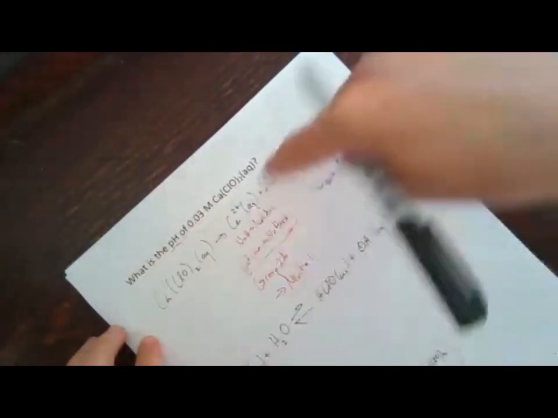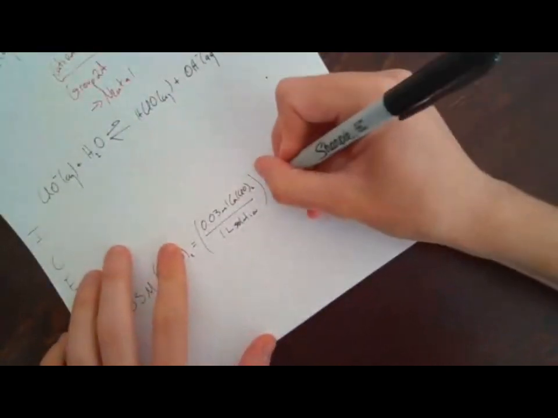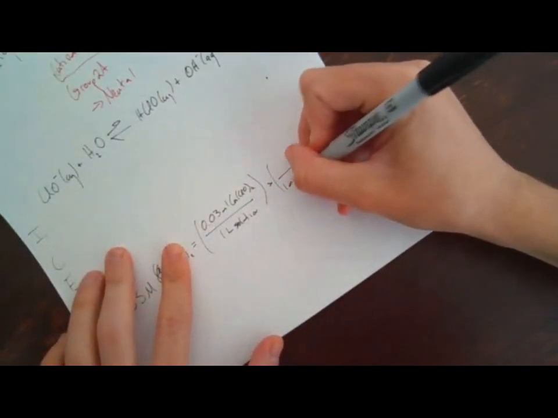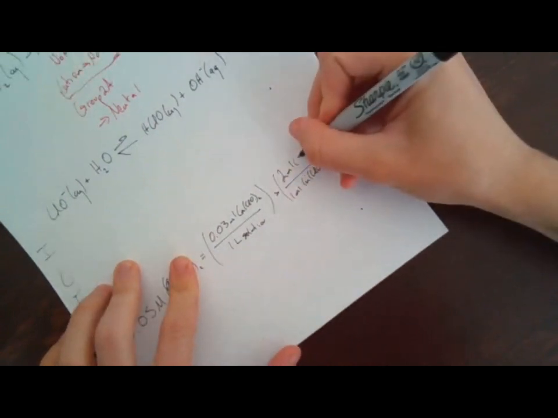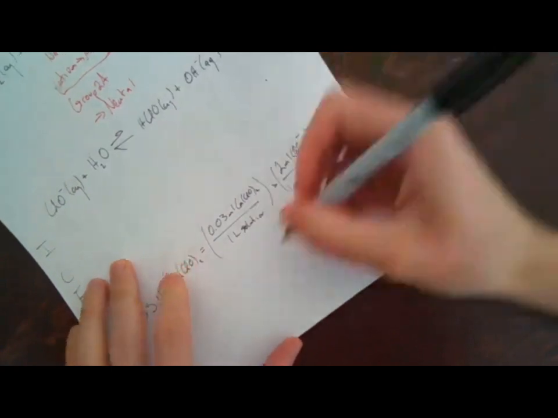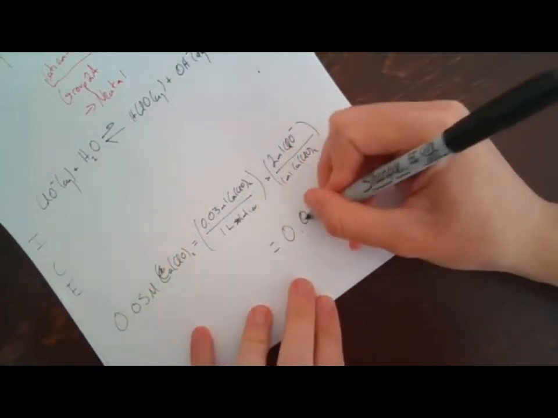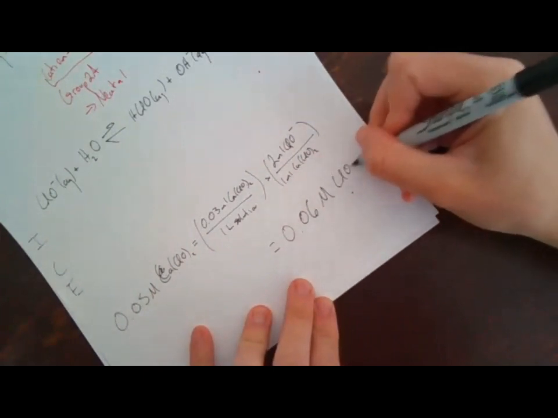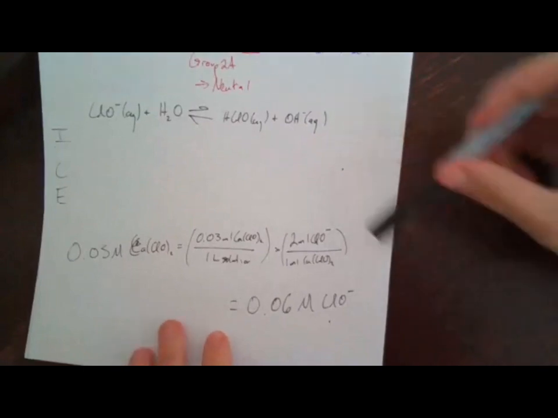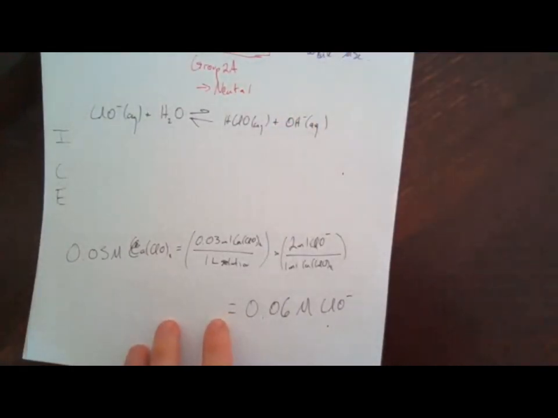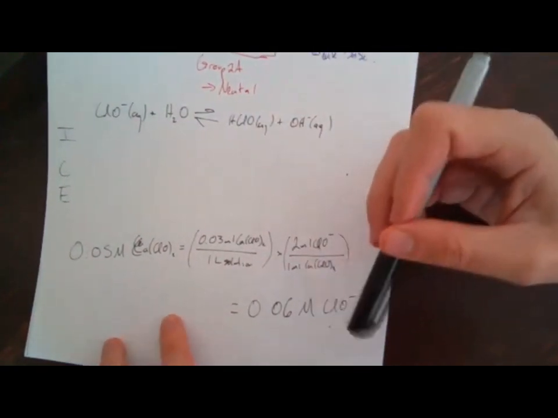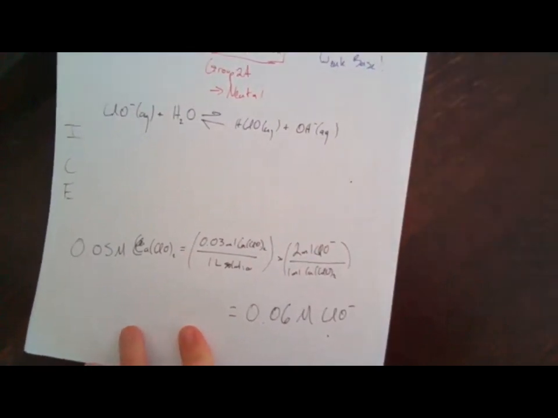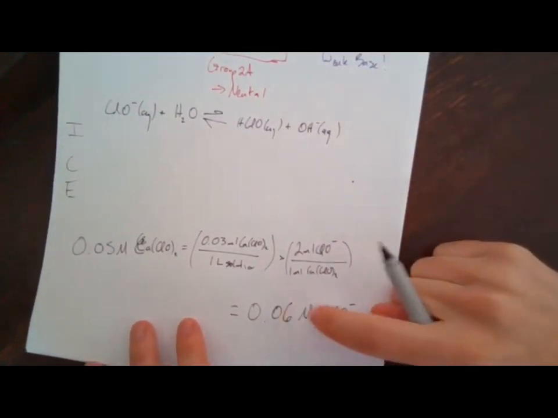Then I can do stoichiometry based off the reaction: for every 1 mole of Ca(ClO)2, I get 2 moles of the ClO minus. That tells me overall I'm going to have 0.06 molar of the actual ion, because I need to account for the stoichiometry. Because it's ionic, they fully dissolve and all of the ions separate out, so we just need to account for that change in concentration.